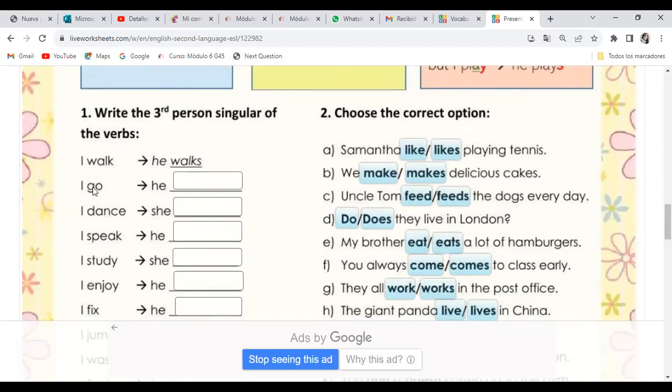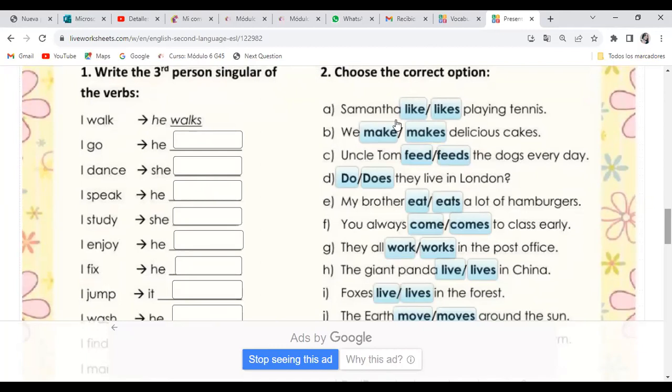Not only go, but you can help me with all the rest of the verbs. So we have I go, I dance. All of them are conjugated in the first person of singular. But now, guys, you are going to help me conjugate these verbs in the third person of singular, so it means with he, she, or it. Here we have I go and he.